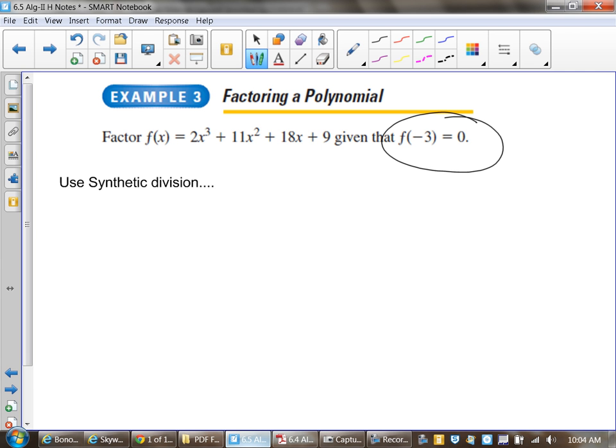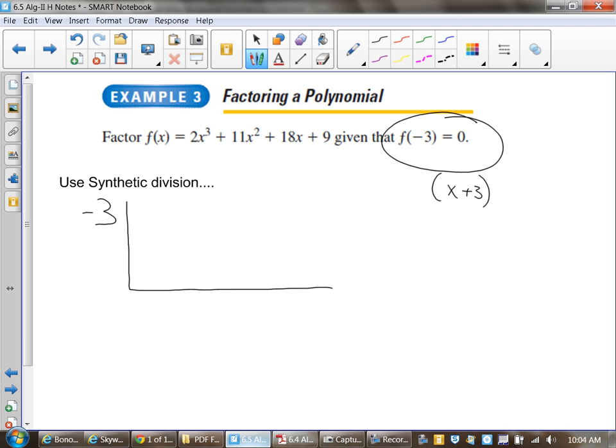If -3 is your 0, what would the term be in parentheses? 3. Very good. So again, if I'm going to synthetically divide that by factoring, given the fact that I have a 0 at -3, that means that my term is an x plus 3. That's the term.